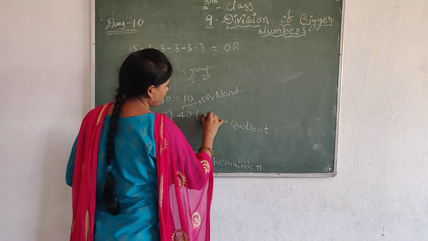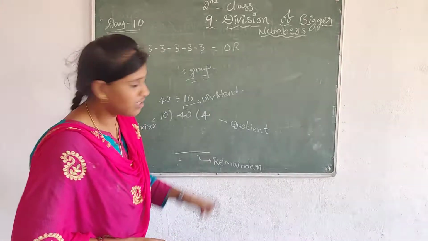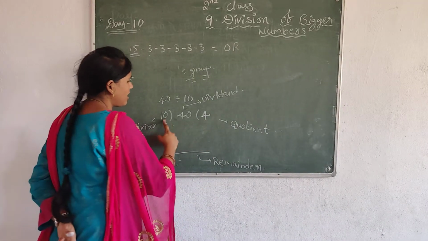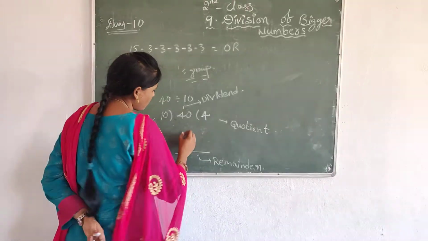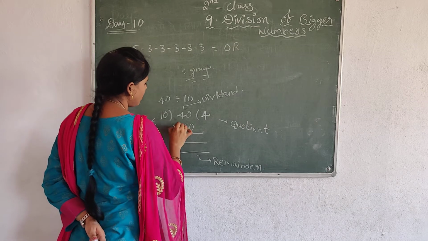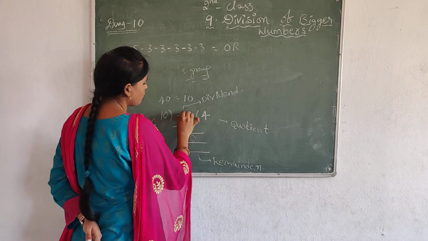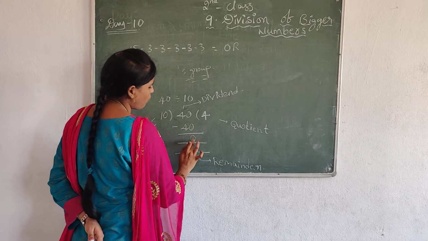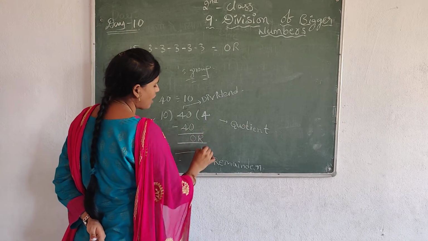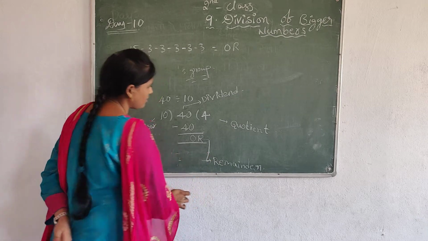Take 4 in the right side bracket. 10 fours is how much? 40. Next, subtract: 0 minus 0 is 0, 4 minus 4 is 0. Just take 0 and put R. R means remainder.